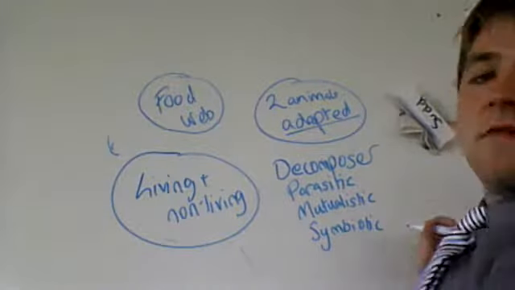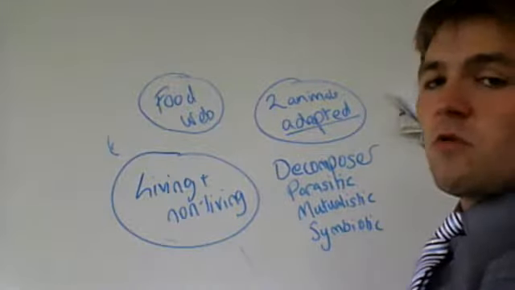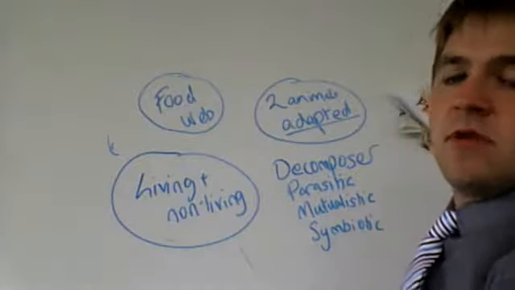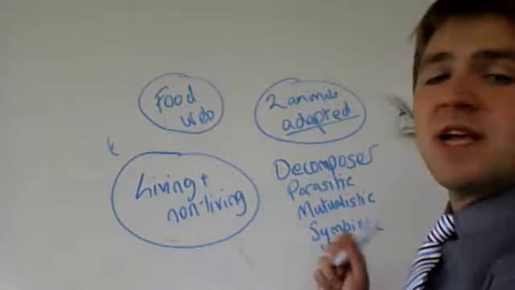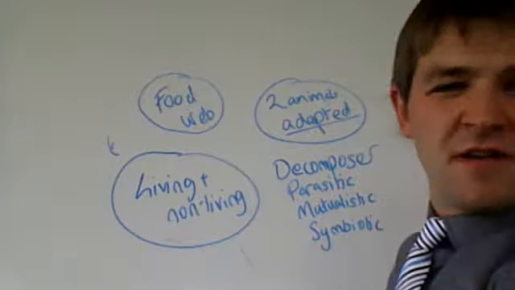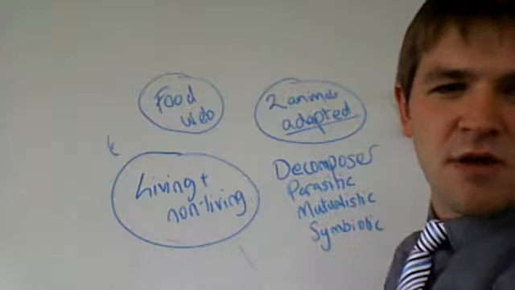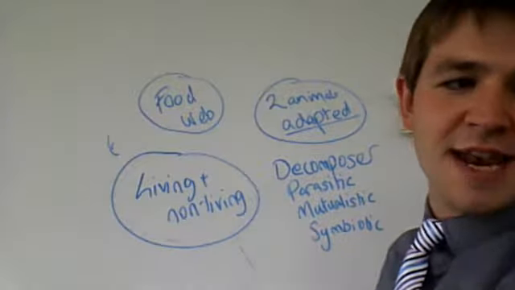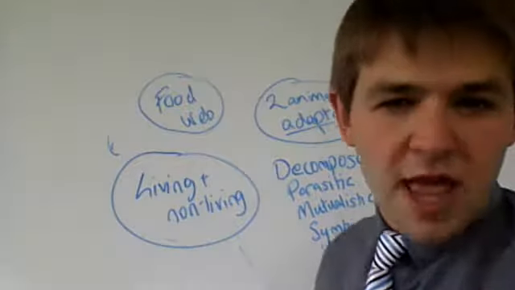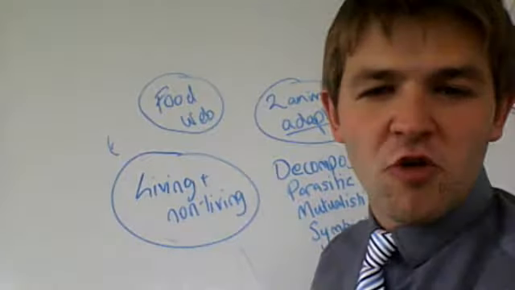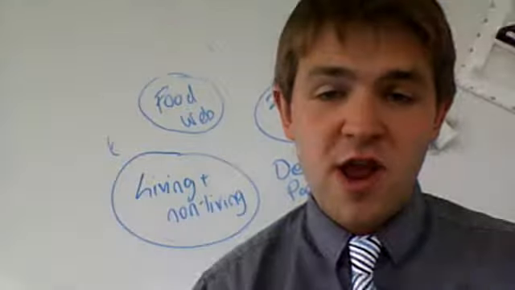Now, I'm not going to worry about explaining them now. I will spend time in class, but if you want to have a look at them early, please feel free to do so. Decomposer, parasitic, mutualistic, and symbiotic. You will hear more about them, and it's something we would expect you to talk about in your presentations for the higher grades.